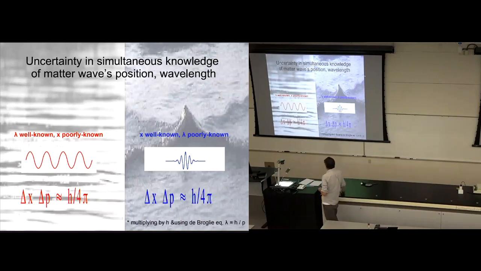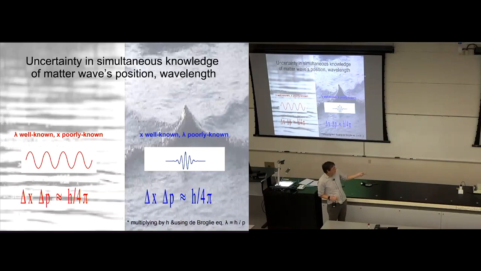Well, here's an interesting thing. Supposing I multiply the equation that I just wrote down by Planck's constant. And supposing I think of this picture as not water waves, but electron waves or matter waves, then I'm going to have an equation that says how well you can know the position and the uncertainty in the position, and the uncertainty in what I've written as momentum, because I had 1 over lambda, but I multiplied by Planck's constant.